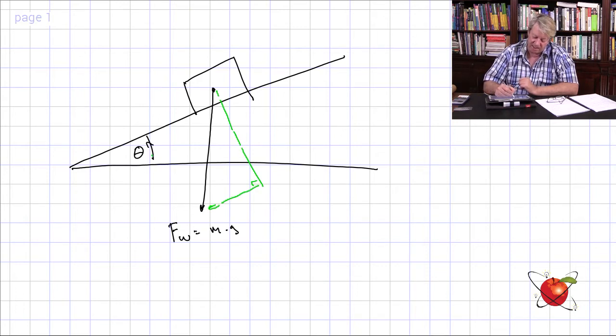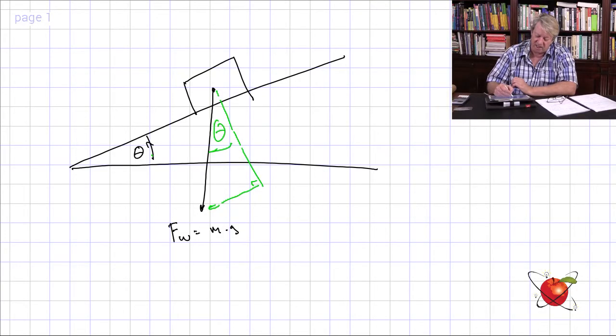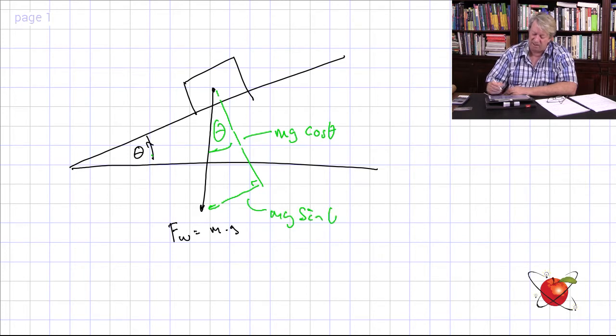This angle theta is the same as that angle there. So we now have our basic diagram. This component is going to be equal to mg cos theta. This is mg, and I know you've seen this before.